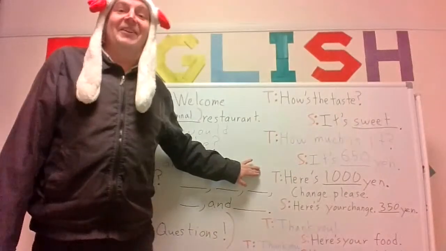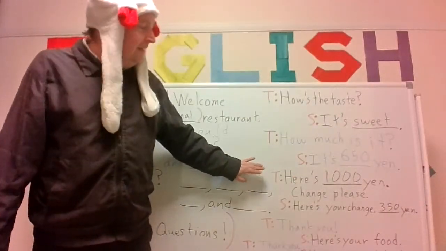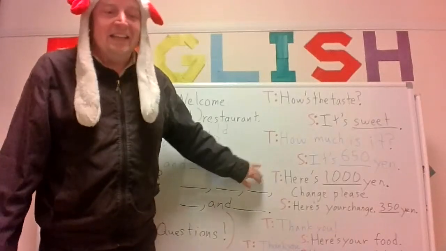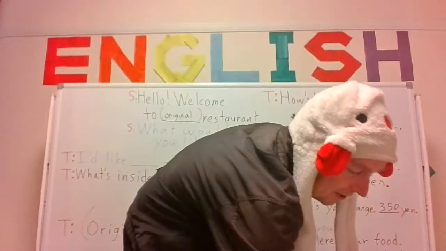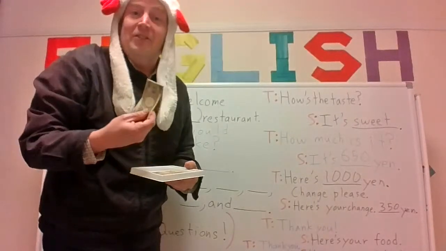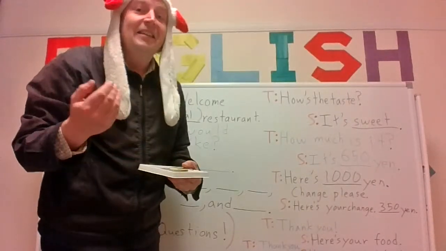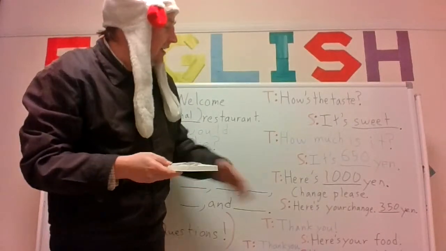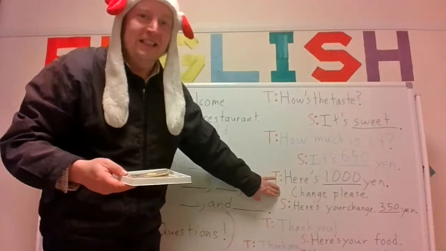And here we have another level up. Instead of just giving them the 650 yen, maybe we'll give them a bigger amount, like 1,000 yen, and ask for change. So, "Here's 1,000 yen, change please."